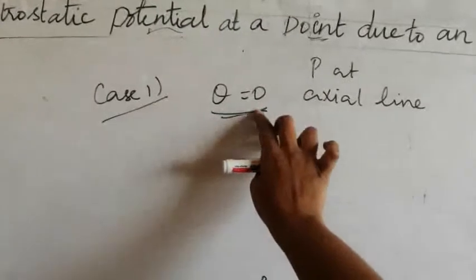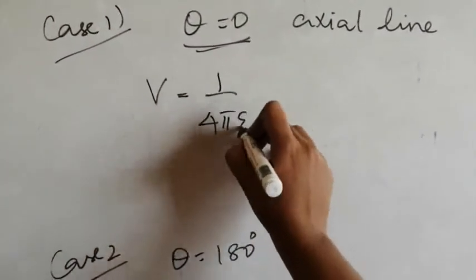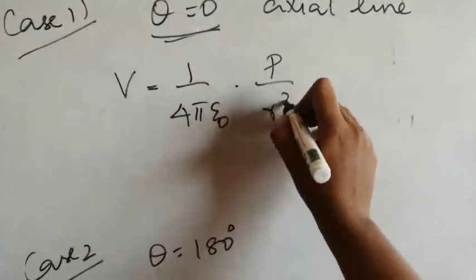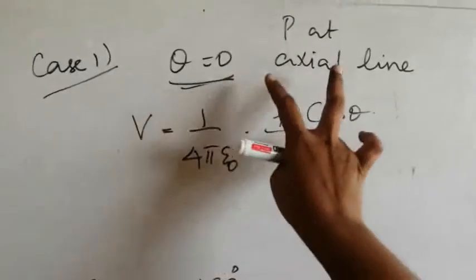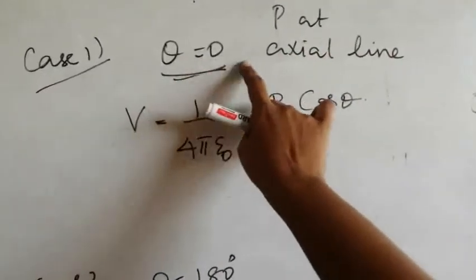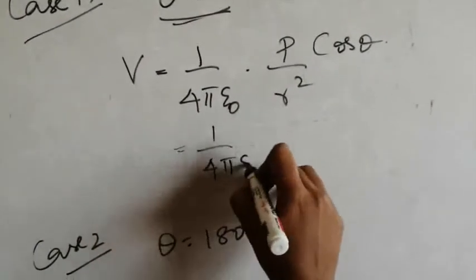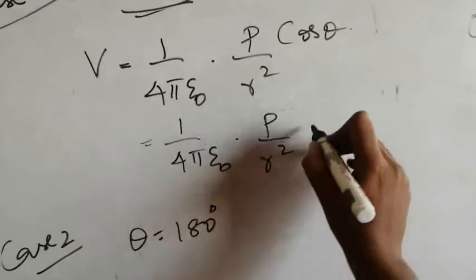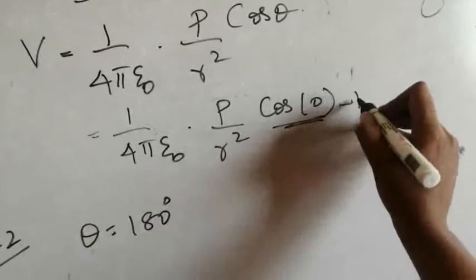So if the theta value is 0, we know the potential value is V is equal to 1 by 4 pi epsilon naught into P by r square into cos theta. When this point is on the axial line, theta value is 0. So substitute 0 here. It is 1 by 4 pi epsilon naught into P by r square in cos 0. Cos 0 value is 1.